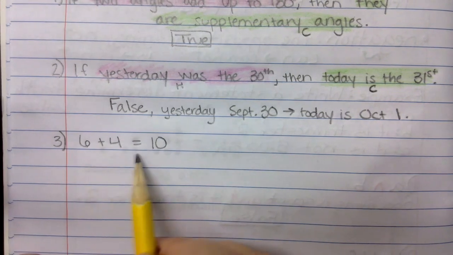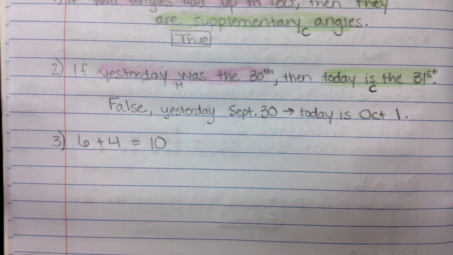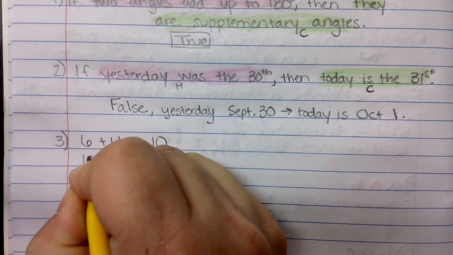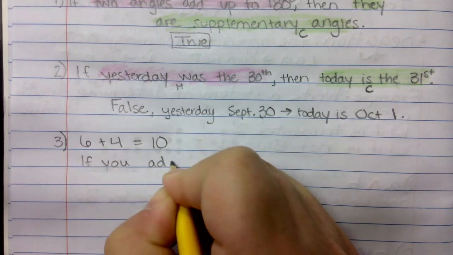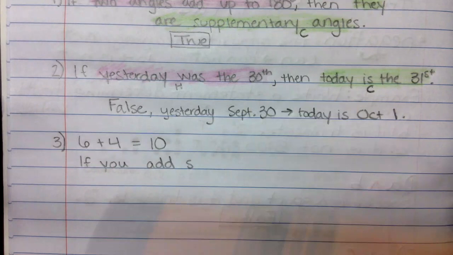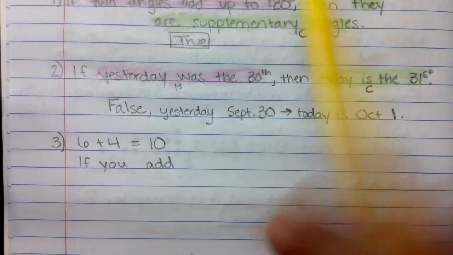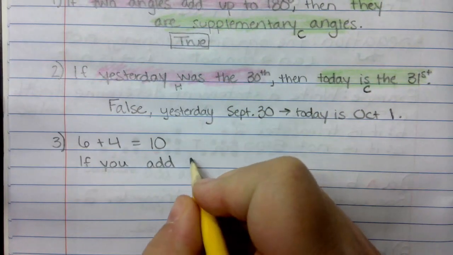So if you add 6 and 4, I'm going to just do the numbers. We're supposed to write out the letters, or write out the names, but that's okay. If you add 6 and 4, then what?